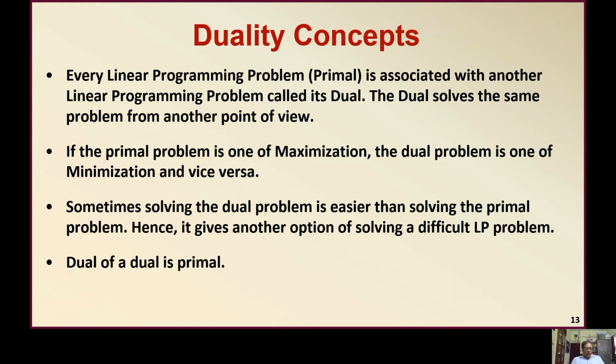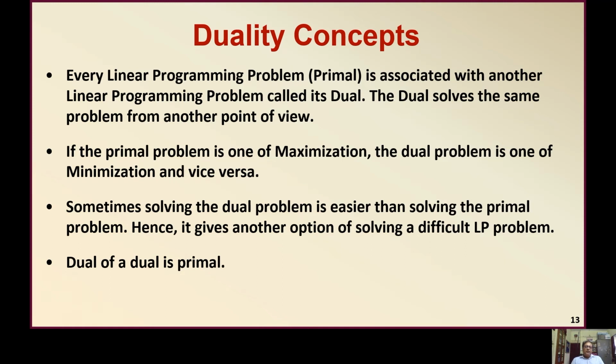The dual problem is the same problem looked at from another point of view. If one is maximization, the other should be minimization. Sometimes solving the dual is easier than solving the primal, hence it gives another option of solving a difficult linear programming problem. And the dual of a dual is the primal. If you take the dual of the dual problem, you get back the original problem, that is the primal problem.